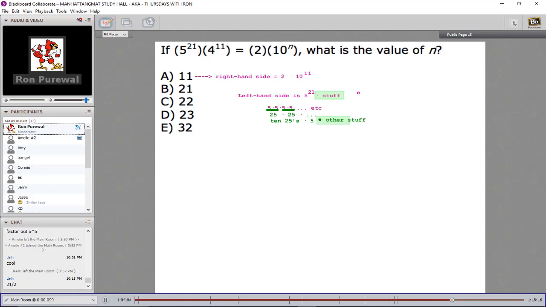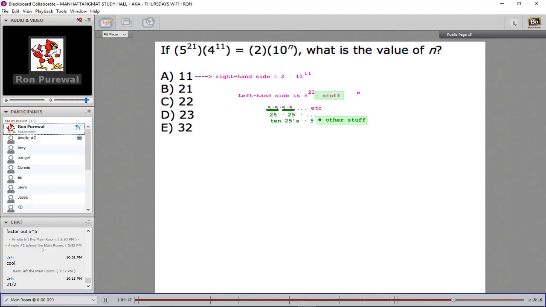I mean, if you multiply 10 25s together, guys, this is only 11 10s. This is going to be so much bigger than that right-hand side. Not to mention you haven't even accounted for the 4 to the 11th yet.